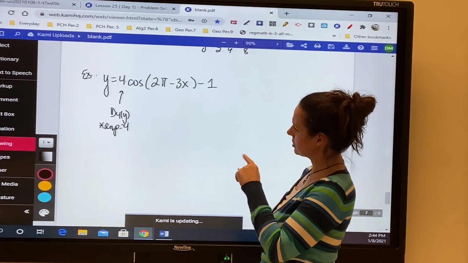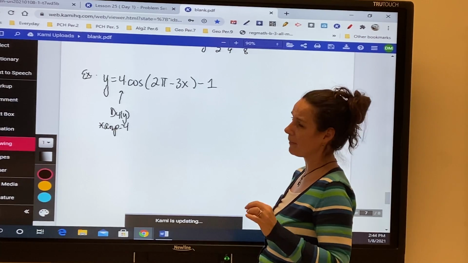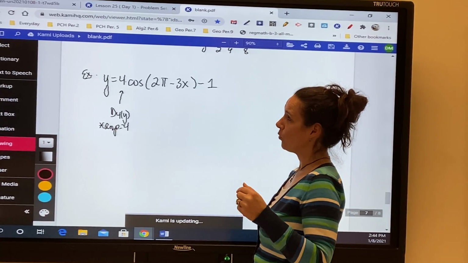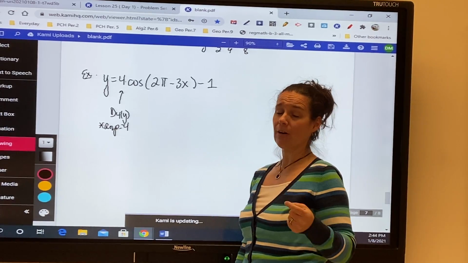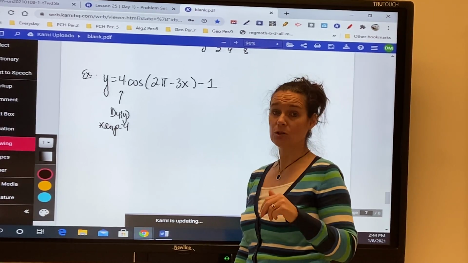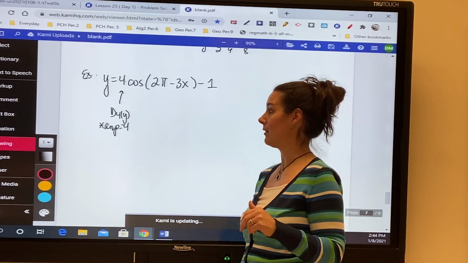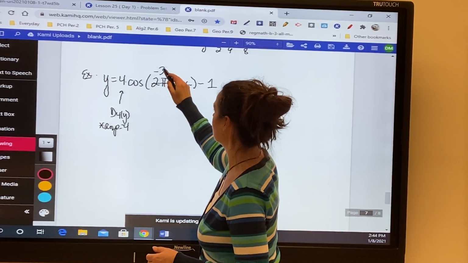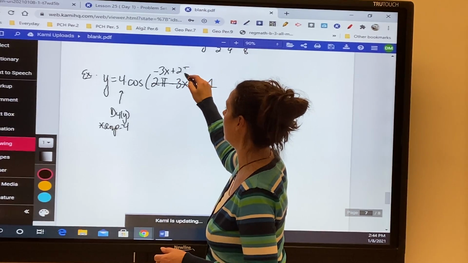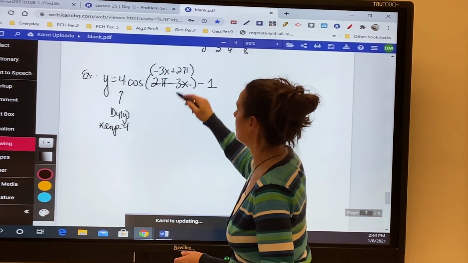Look at that expression inside the parentheses. It's 2 pi minus 3x. So your independent variable is x, right? The multiplier of the x gives you your scale factor for your horizontal dilation. I think it might be wise of you to write this as negative 3x plus 2 pi, even though it's probably not the way it's going to be presented to you.